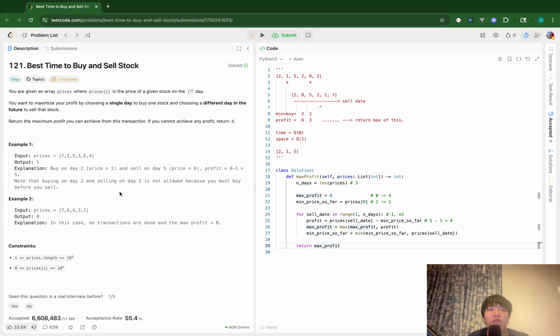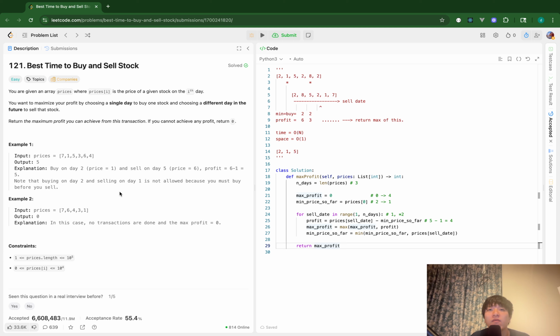Okay, so in my solution, I use a single iteration. So for each sell date, I should buy at a price before the sell date. So I should keep track of the minimum price so far, which should be the buy price to maximize the profit. And with that, I calculate the profit I can make for each sell date.